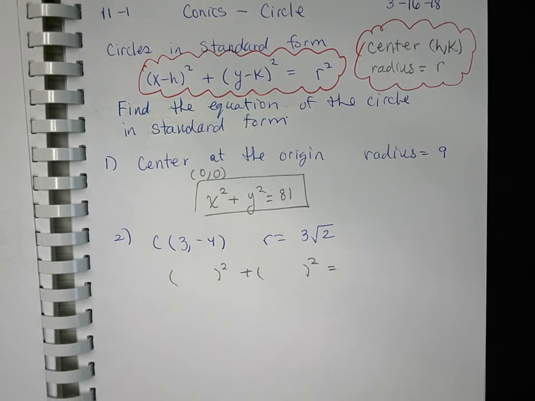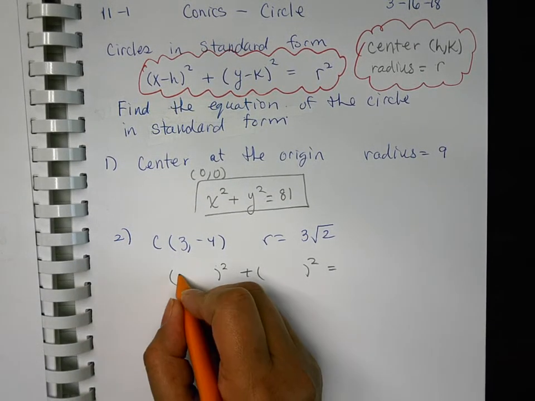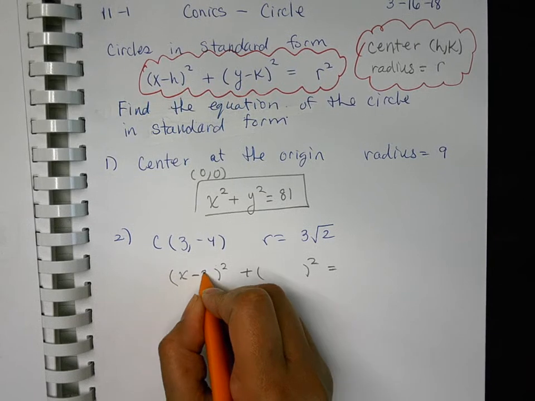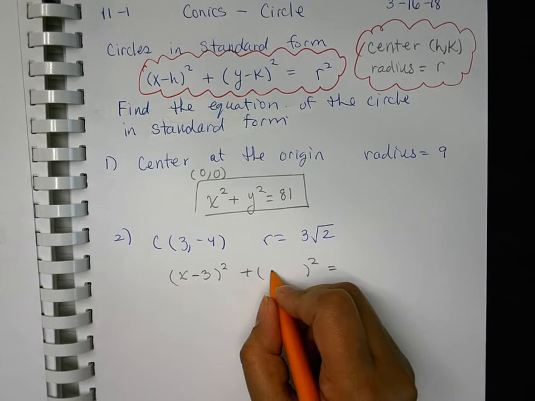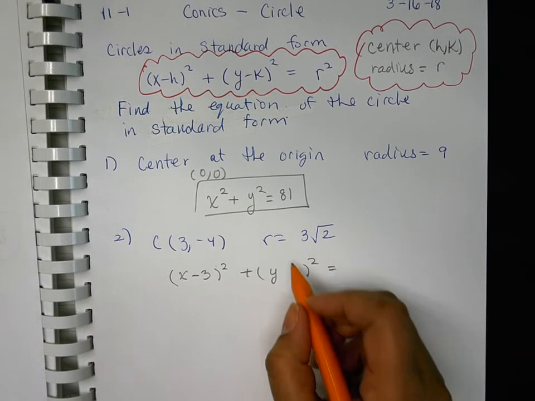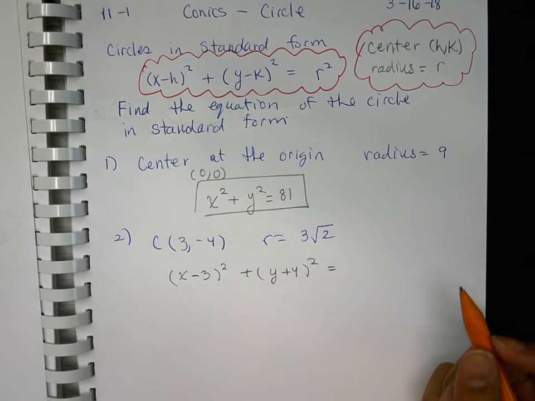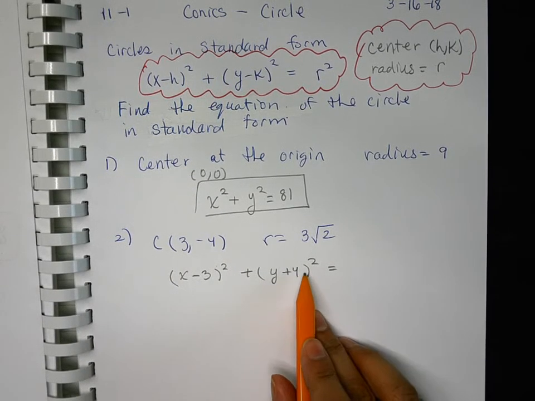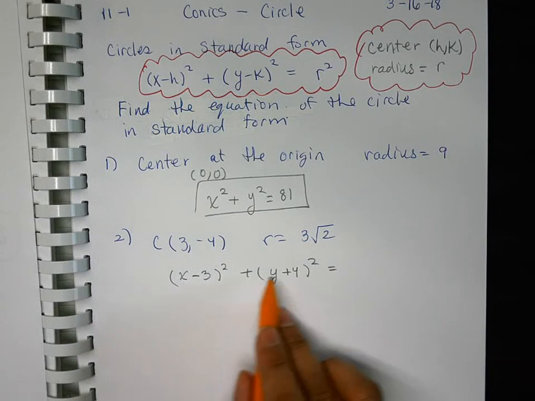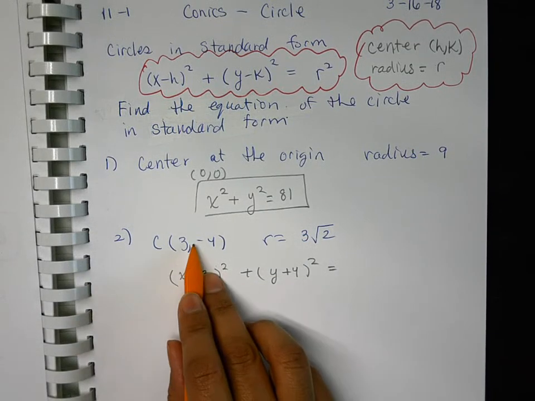All right, and what do we end up with? X minus 3 quantity squared, and for the y, do you see why it's plus 4? Y minus negative 4, would it be plus 4? Always opposites. And do you agree if I asked for the center, you would take the opposite of both, and it would be positive 3 and negative 4?